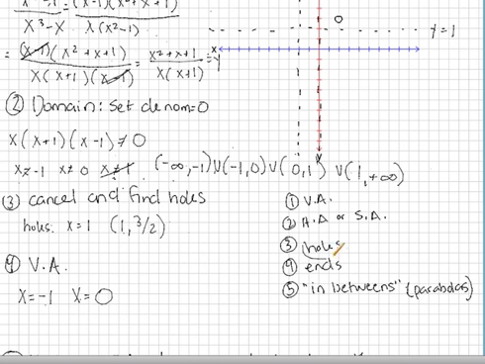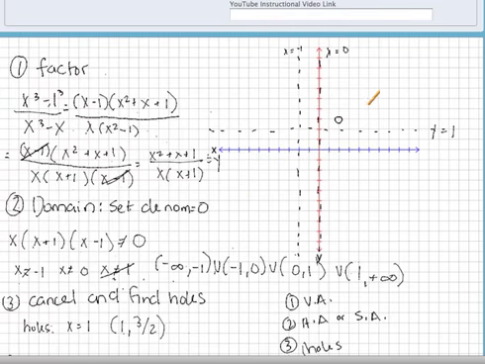The next thing we're going to graph is our ends, meaning we're going to graph what's on the outside, and then we'll graph what's in between these two vertical asymptotes. On the outside, you kind of just have these backwards C shapes, and they're not that hard to graph. You just need to figure out which one of these 4 areas we're going to be in. So are we going to be here, here, here, or here?